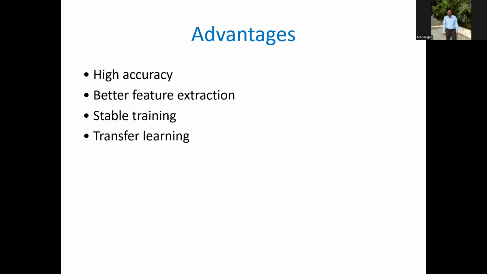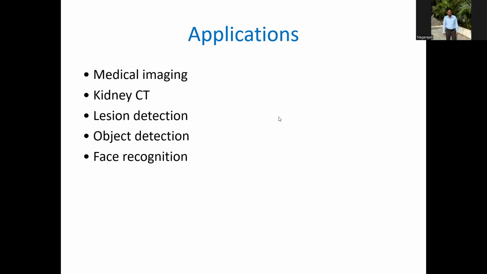This reduces the training time and improves the performance, even if the available dataset is small. As for applications, we can use ResNet for medical applications, especially to identify kidney CT diseases, lesion detection, object detection, face recognition, etc.